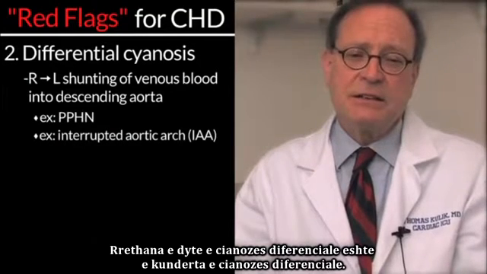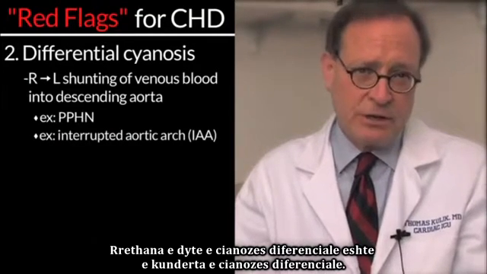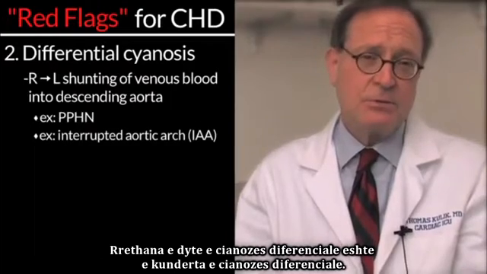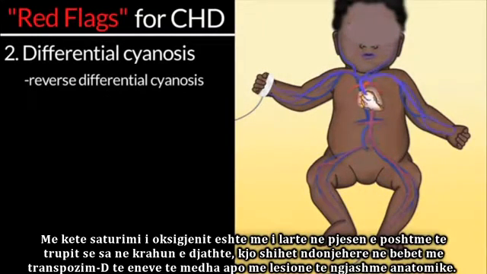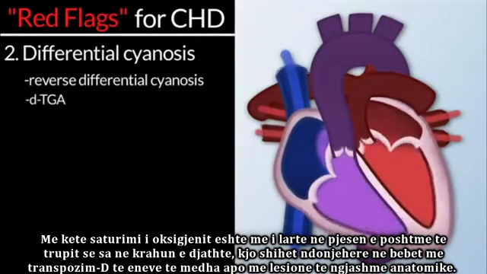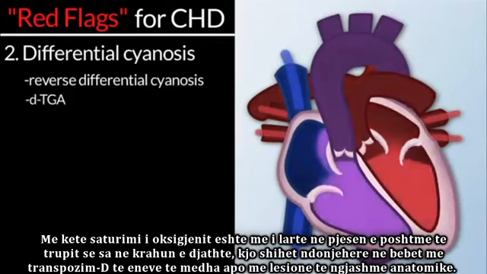The second flavor, if you will, of differential cyanosis is reverse differential cyanosis. And with reverse differential cyanosis, the oxygen saturations are actually higher in the lower body than in the right arm. And where this is occasionally seen, and I think pretty much the only time it's seen, is in babies with transposition of the great vessels or a very similar anatomic lesion.